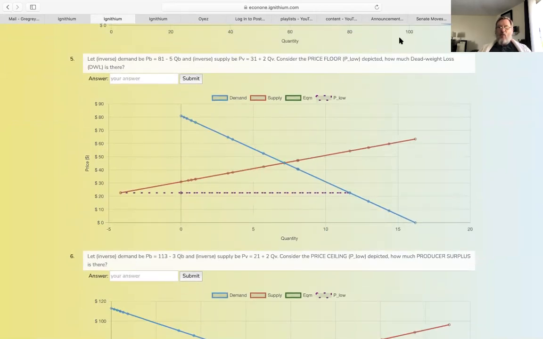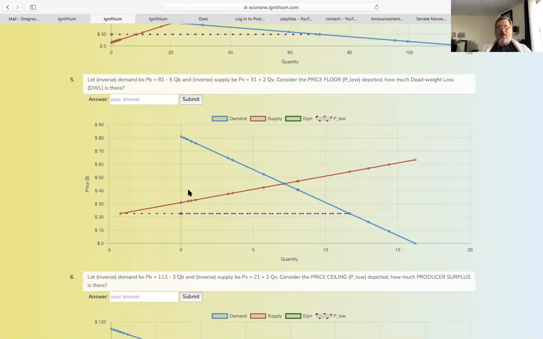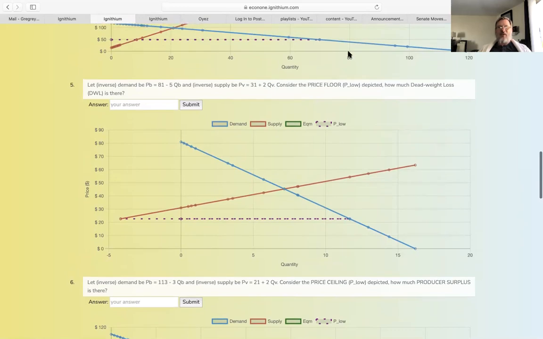And hopefully everybody watches these videos. Again, when you get a graph like this, notice this graph does not at all look like any of the pictures in your book, nor does it look like anything I've drawn in any of the videos that were posted. I'm not saying you can't do this type of problem, but you're making your life hard.